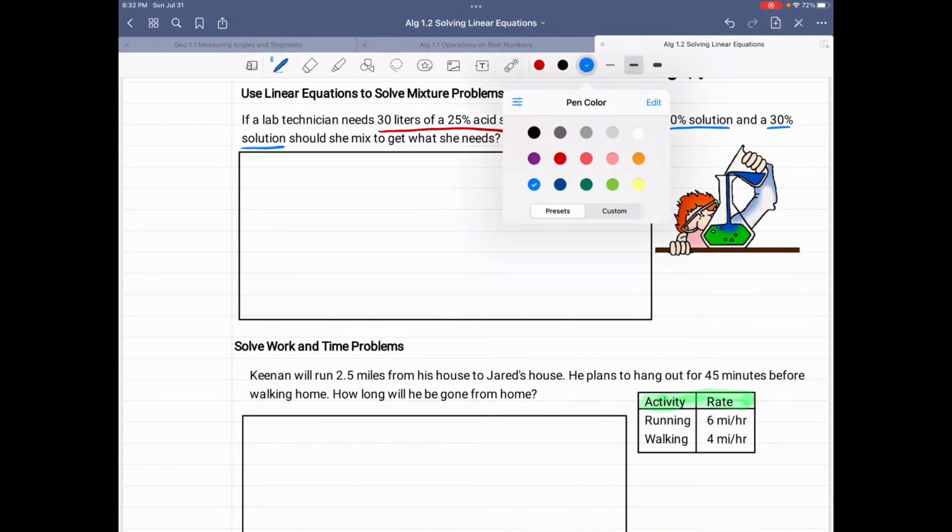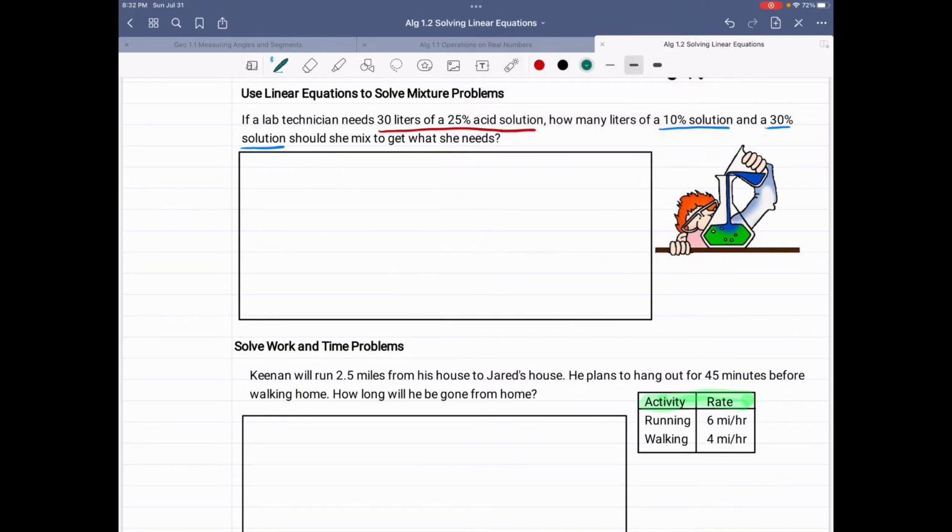I'm sorry, I should have done that in a different color. So we have 30 liters of a 25% solution. That's what we want. So we're going to get 30 liters of 25% solution.